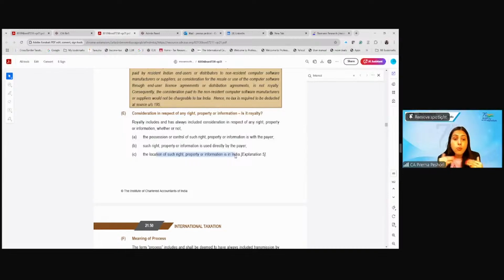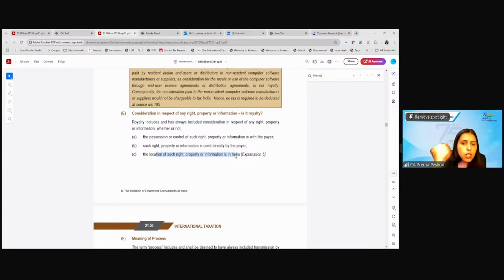The situation would have been different if, for example, the South African company had said, okay, the towers are mine and you pay me the fees for the towers that you are using to put your network. Is it the case? The answer is no. Towers are in South Africa. Airtel does not have any possession of the towers. Airtel does not even use the towers. The user is using the towers to connect with that network.